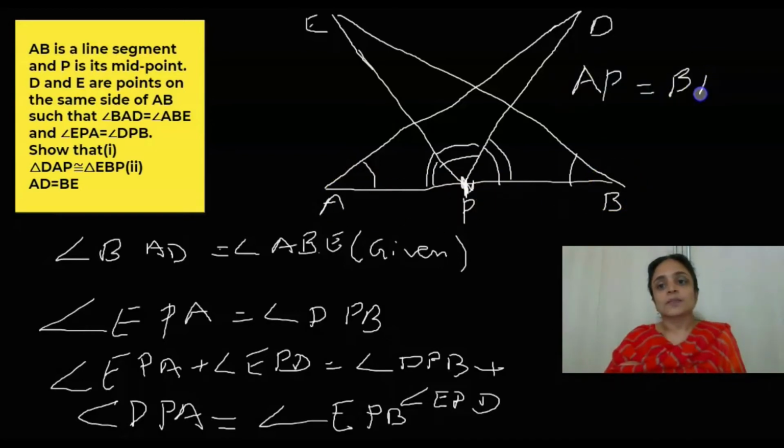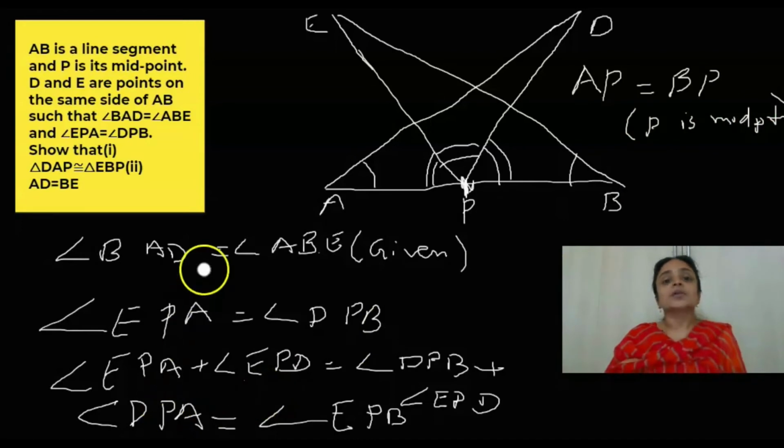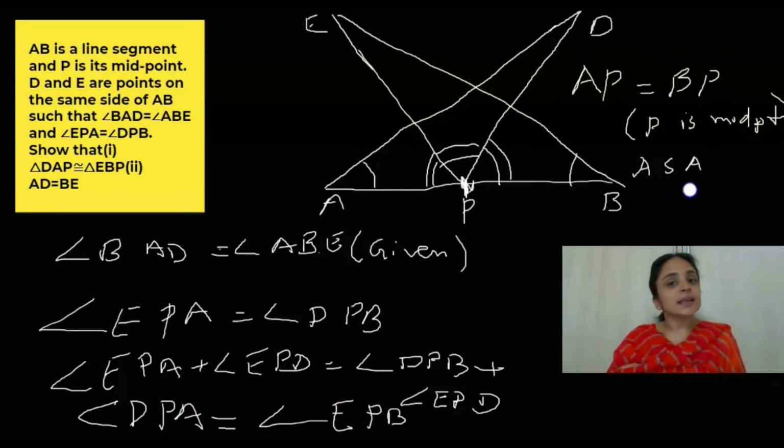Since we can write here P is the midpoint. So we got two angles which are equal and one side which is equal. So this satisfies ASA congruence rule. From this we can say that these two triangles, triangle DAP is congruent to triangle EBP. Okay, so we got triangle DAP is congruent to triangle EBP, and next we have to prove that AD is equal to BE.